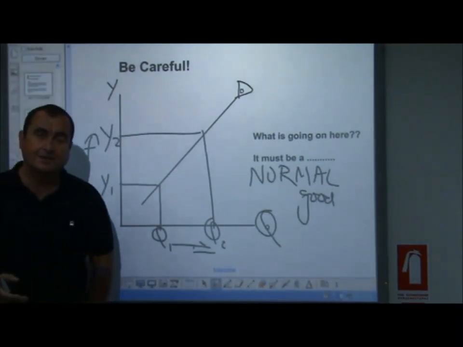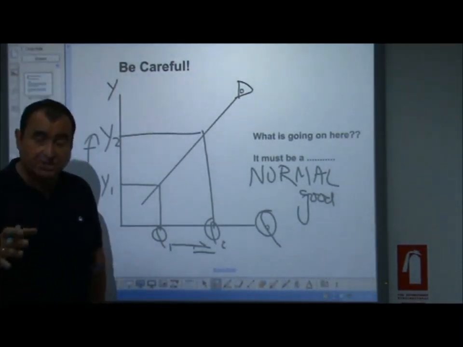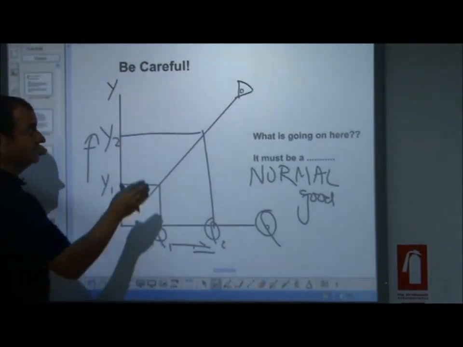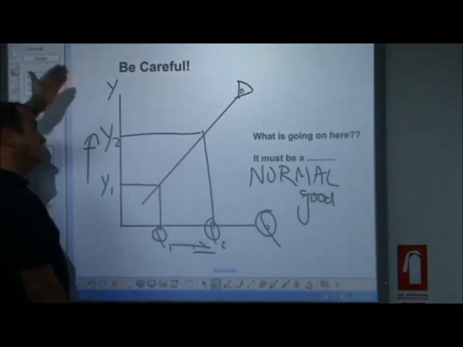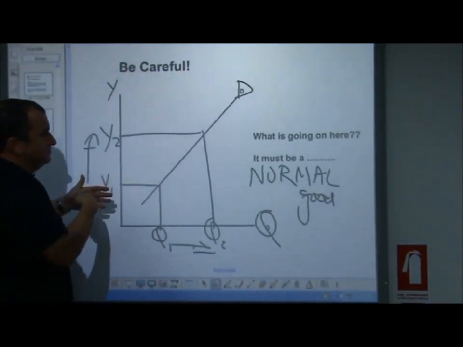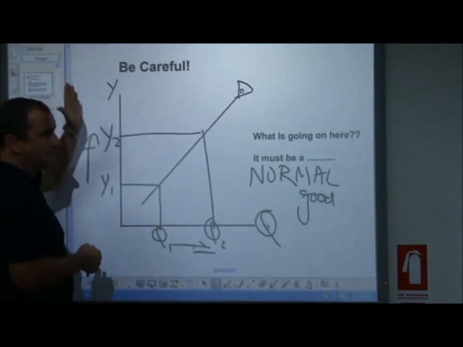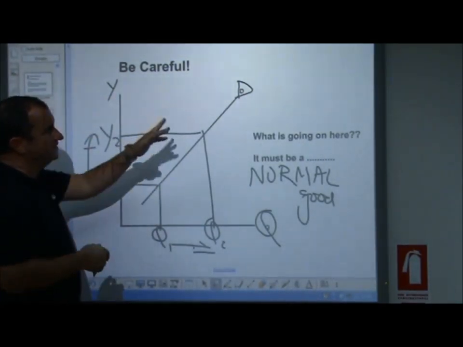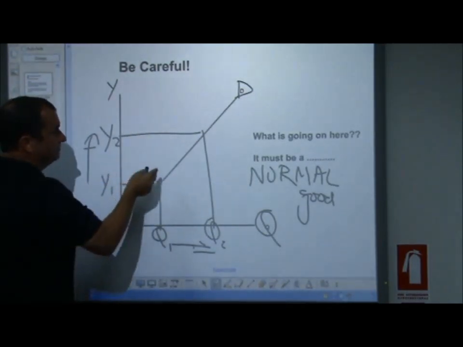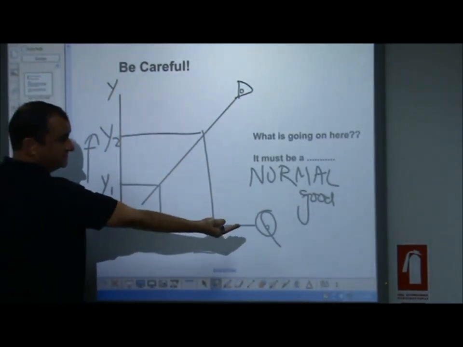Don't think that demand curves have to slope downwards. They do slope downwards when we're equating quantity demanded with price. But here, we're showing how quantity demanded relates to income, and changes in income can be shown by movements along this demand curve. This is a demand curve showing connections between levels of income and quantities demanded.